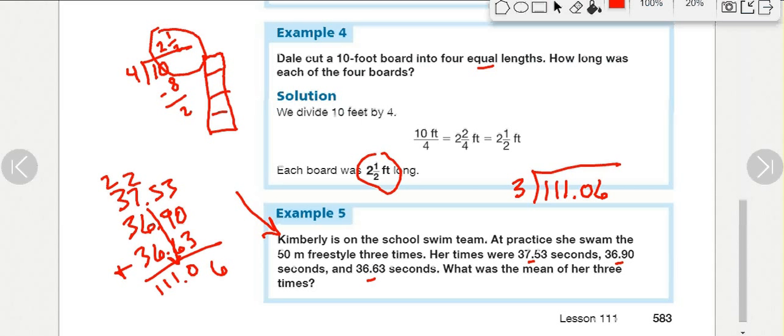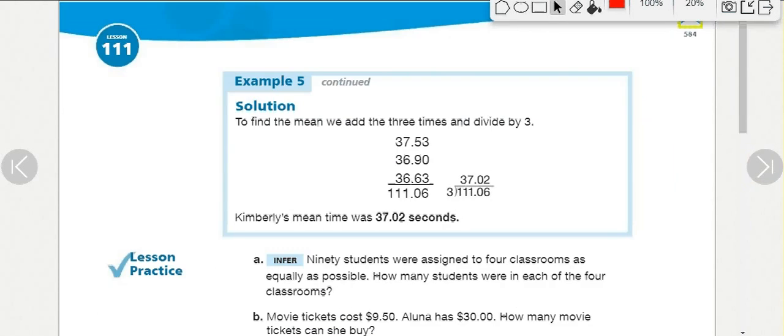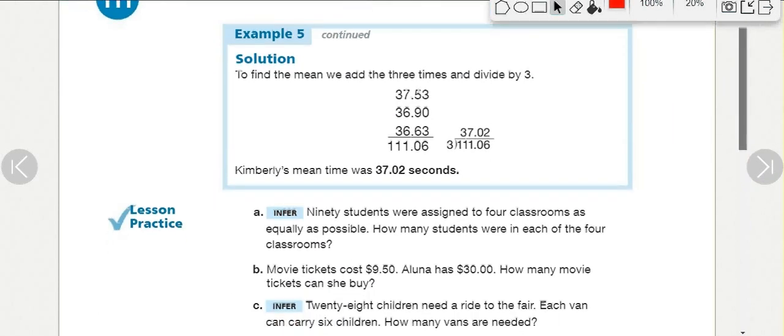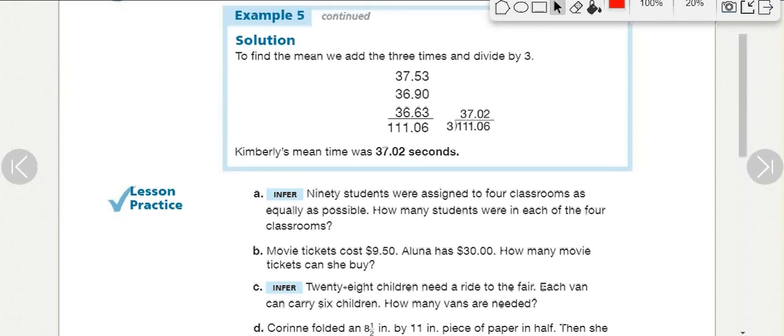There were 3 total numbers. So you put that in. You're going to end up getting a decimal or fraction or whatever you use. What do I do with that? Can I measure in parts of a minute, in hundredths of a second? Yes. So they find that mean, they divide by 3, they get 37 and 2/100ths, and they keep that in seconds.